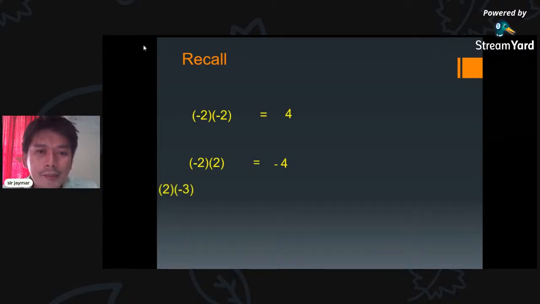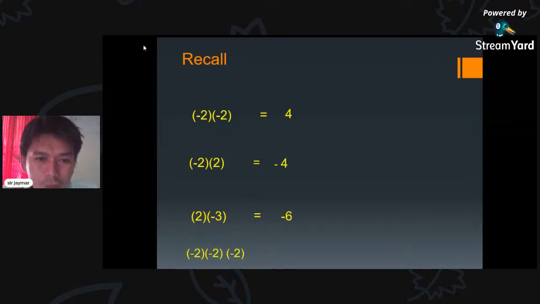Next, a positive number multiplied by a negative number, that is, 2 times negative 3, will be negative 6. We just remember these sign rules because they are useful in applying the laws of exponent. And the last, negative 2 times negative 2 times negative 2. The answer is negative 8.